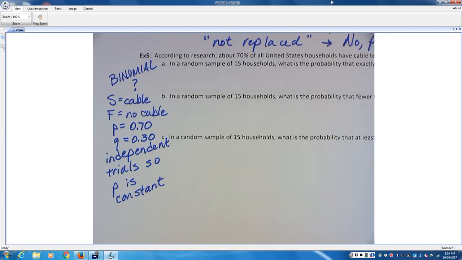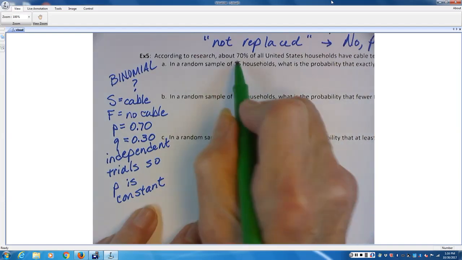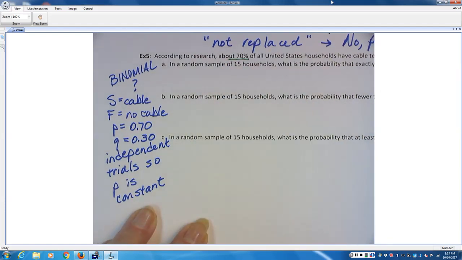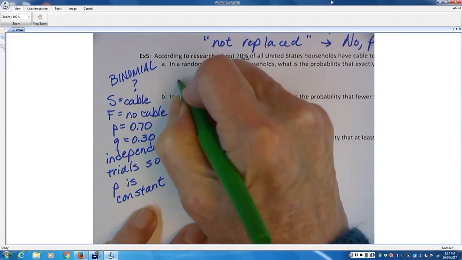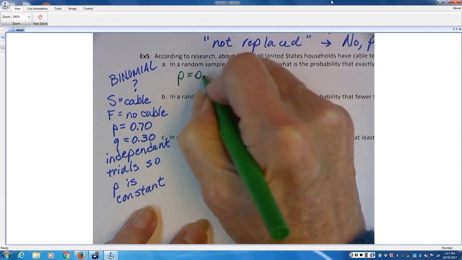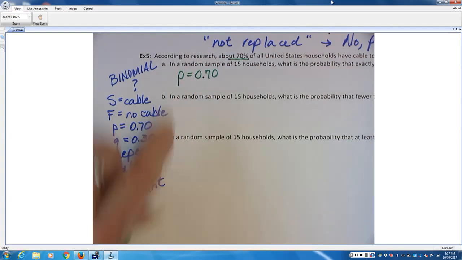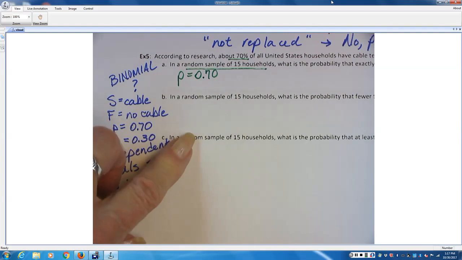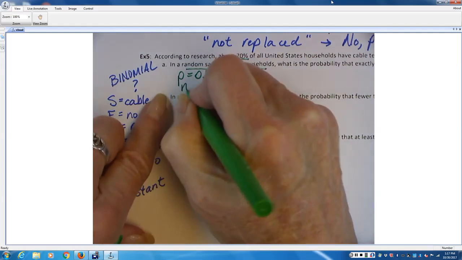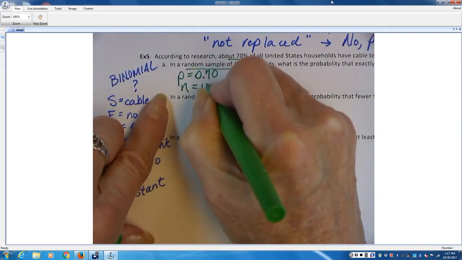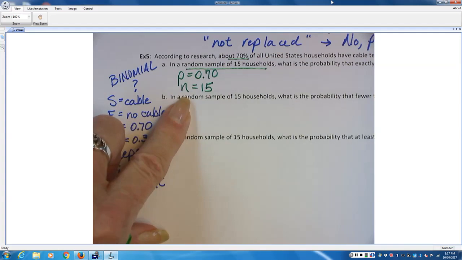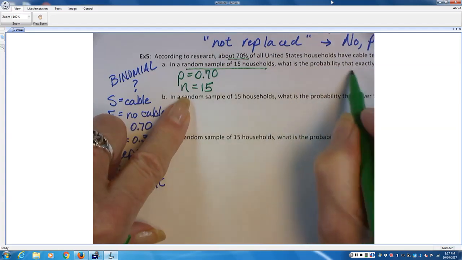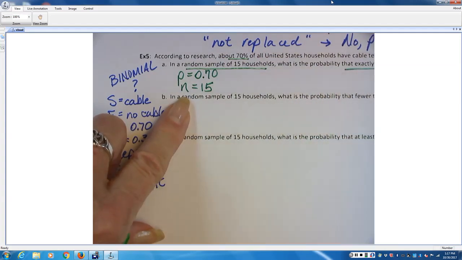So now we can look at working the problem. 70%, well, we know what P is. We know it's 0.70. And it says in a random sample of 15 households, so that gives us the number of trials, N equals 15. What's the probability that exactly 10 have cable?